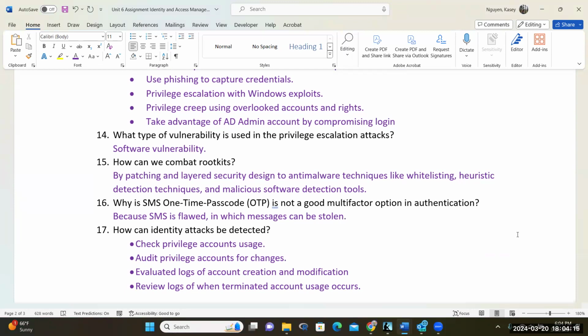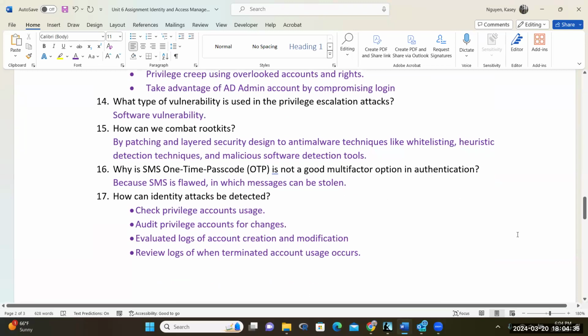So for identity attacks, we can do an audit on accounts. We would also look at the logs on how the accounts are used. We would look at when it was created and how or if it was modified, because that's important.